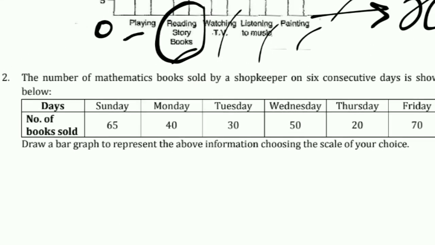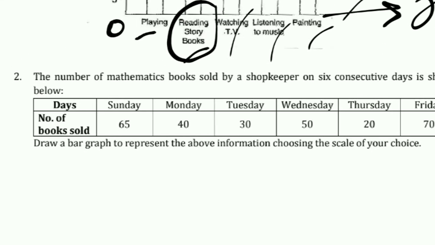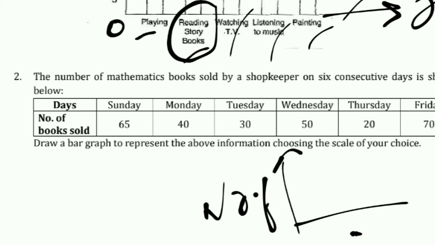Next one, the number of mathematics books sold by a shopkeeper on 6 consecutive days is shown below. Same thing. This will come in the down place and this will come in the up place. So number of books will come here and number of days will be here. Like this we have to represent the graph, and you can choose the scale according to your convenience.